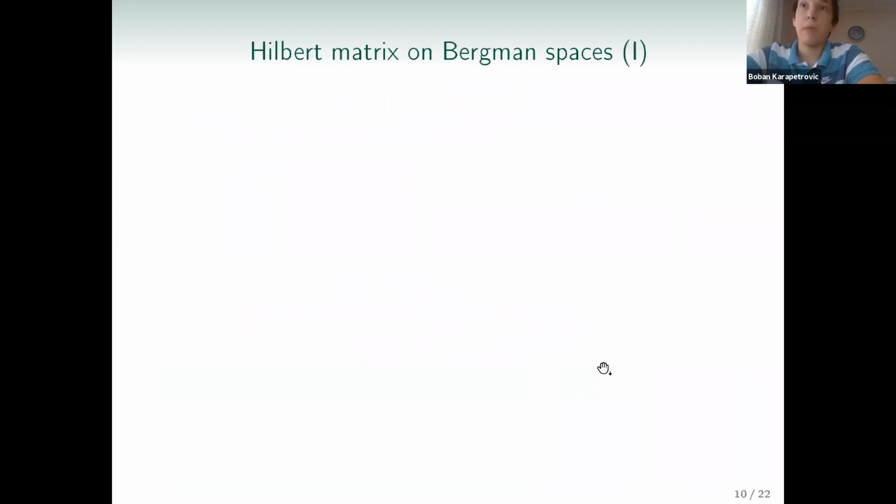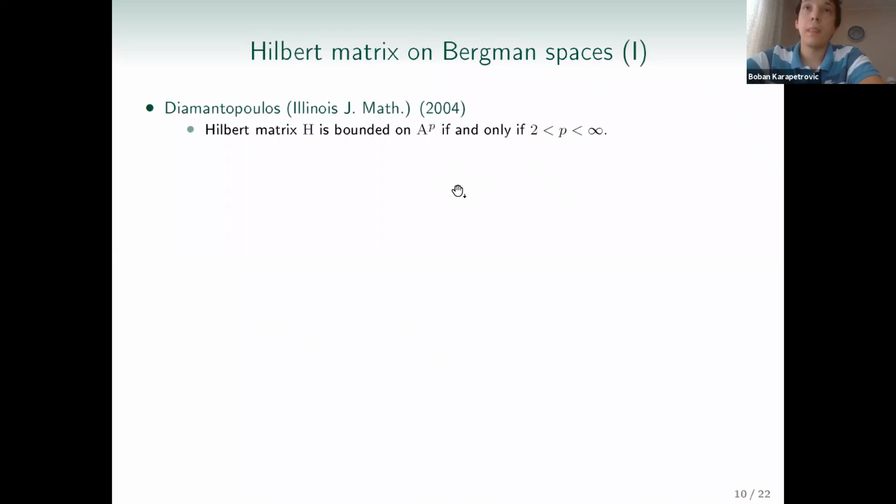Hilbert matrix on the Bergman spaces, first slide. Diamantopoulos in 2004 obtained this result. The Hilbert matrix H is bounded on Bergman space AP if and only if P is between 2 and infinity.